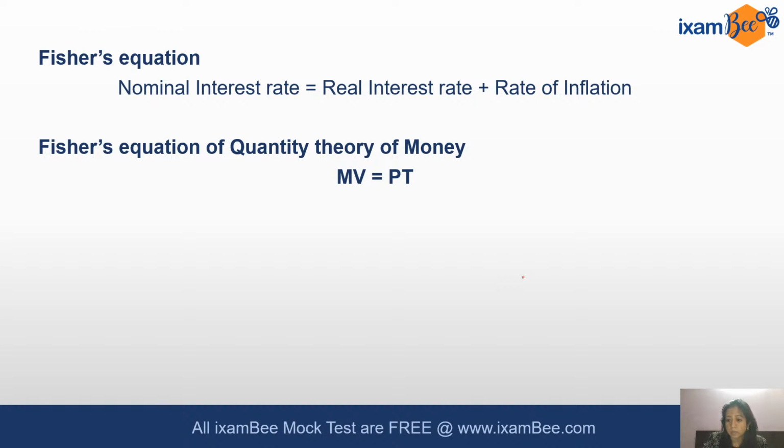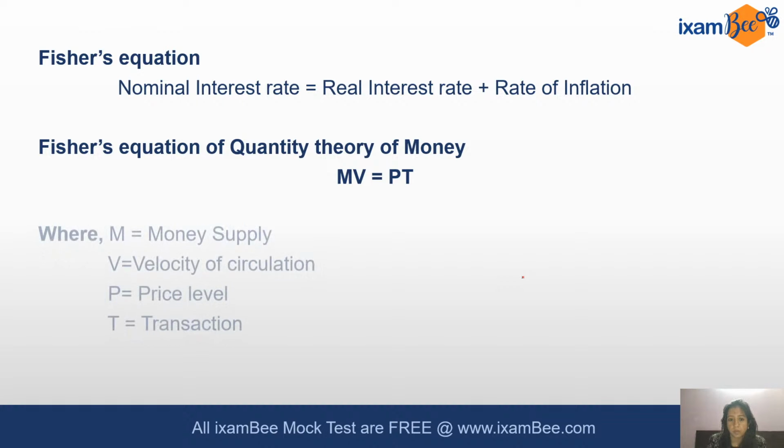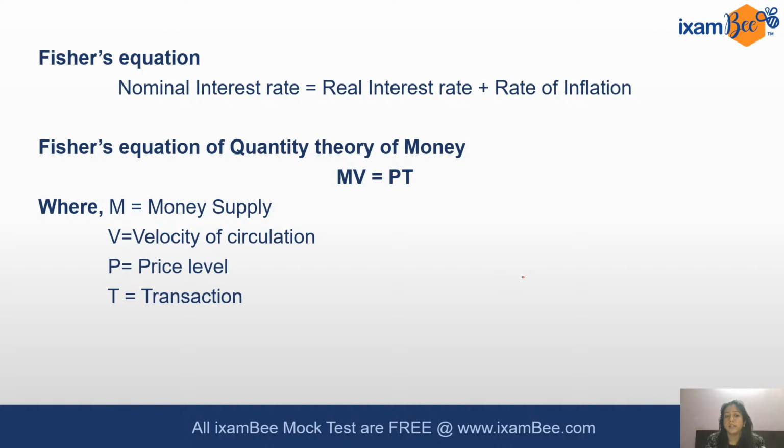So in the second equation, which is Fisher's equation of the quantity theory of money, M represents the money supply, V represents the velocity of circulation, P is the price level, and T is the transactions.